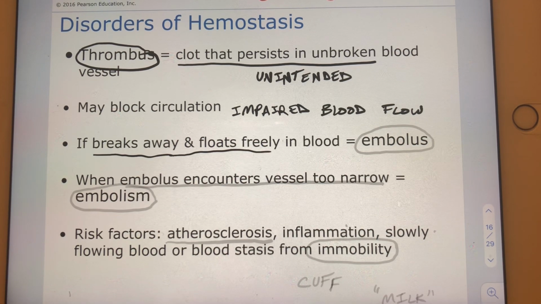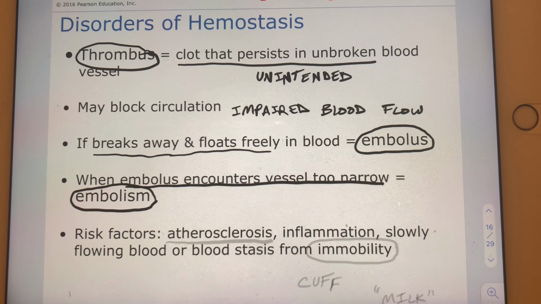And if a thrombus breaks away from a wall and enters the bloodstream, that thrombus is now called an embolus. An embolus. If an embolus enters a vessel whose diameter is as narrow or even more narrow than the embolus itself, we then call that condition an embolism.